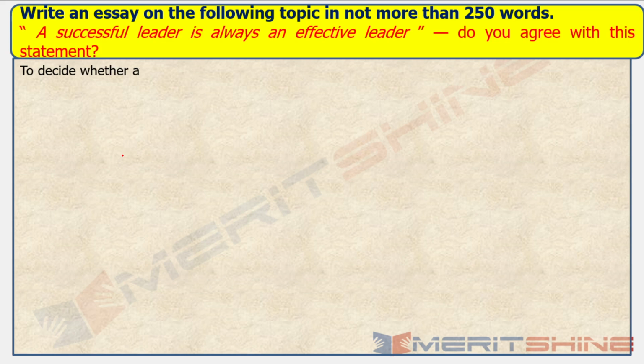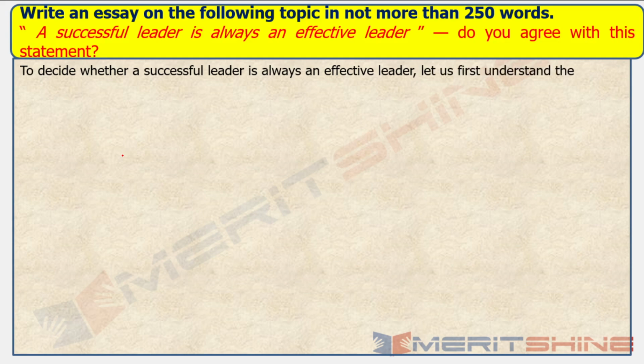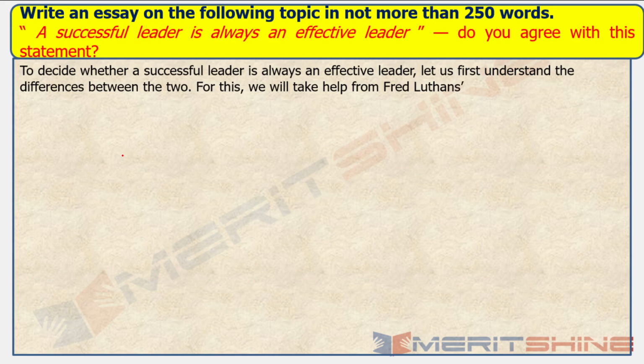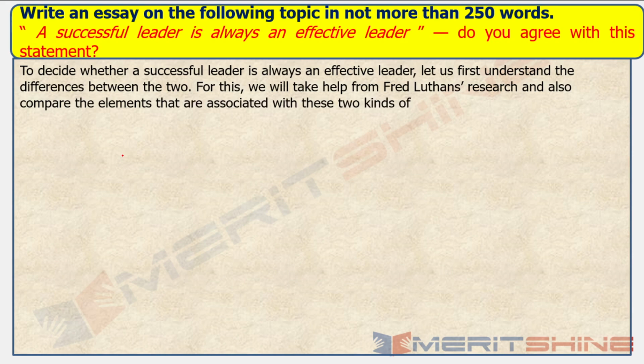To decide whether a successful leader is always an effective leader, let us first understand the differences between the two. For this, we will take help from Fred Luthans' research and also compare the elements that are associated with these two kinds of leader.